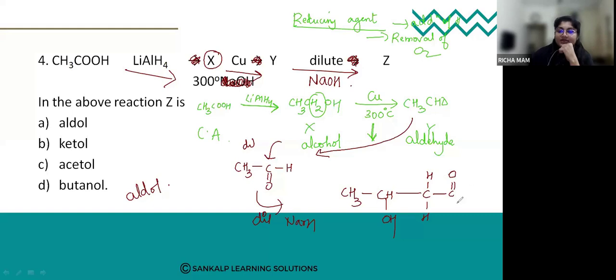So two aldehydes undergo aldol condensation. In the aldol, an aldehyde and a hydroxy group are formed. So this is your aldol condensation. So what is the answer? It is A.